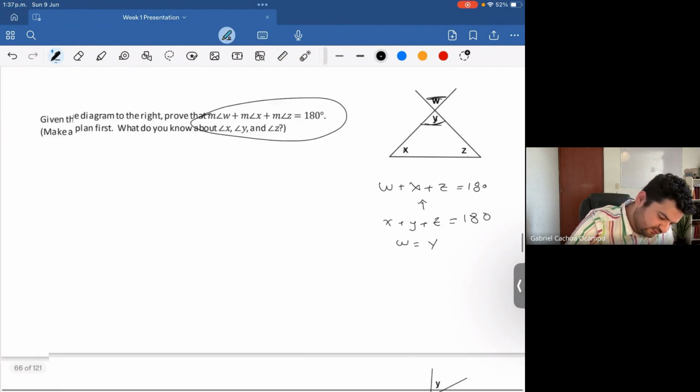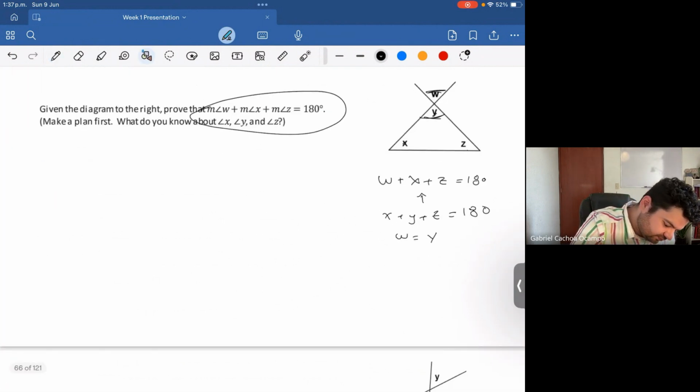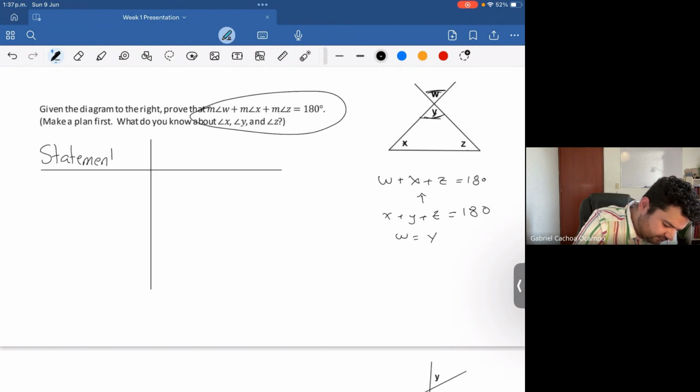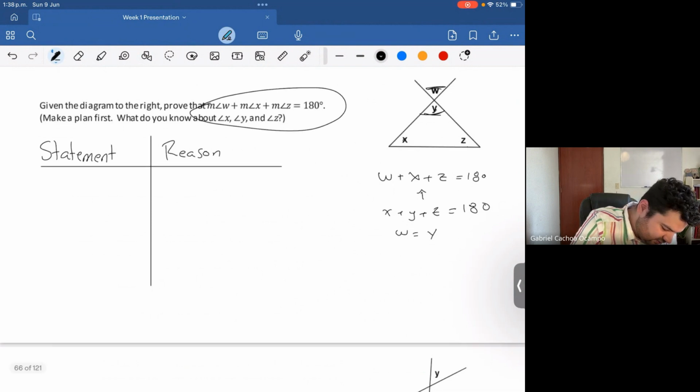Okay, let us write it down. So my statement and my reason. We know that angle W is congruent to angle Y because they are vertically opposite.